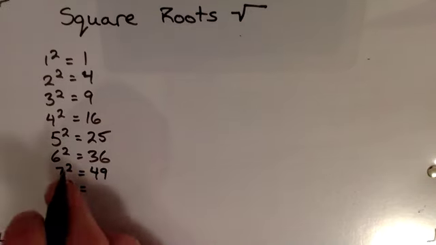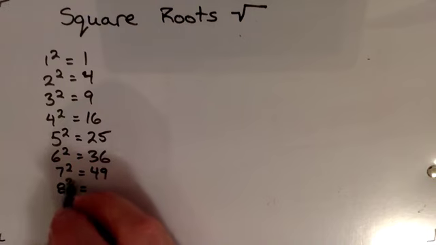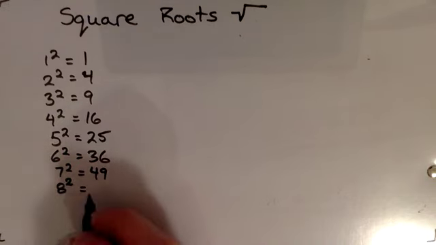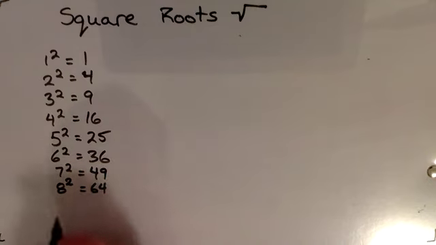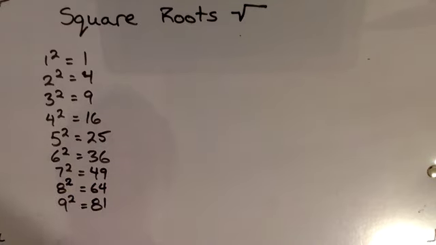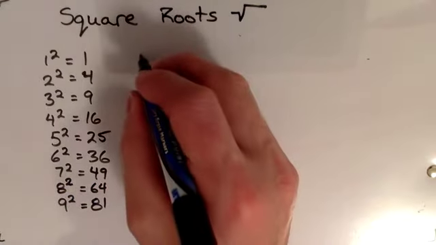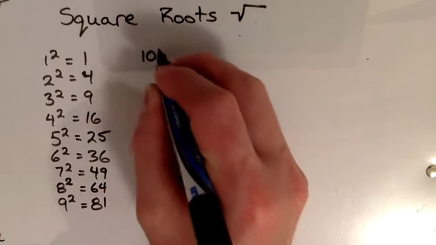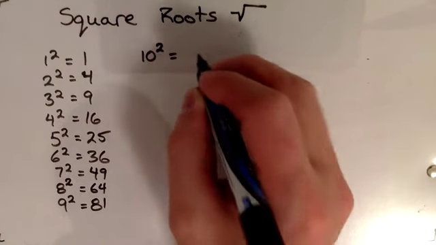is, make sure you're very clear with your squares that they're not part of the number. 8 squared is 64, and 9 squared is 81. Now, we can continue by going to 10 squared, and 10 times 10 is 100.